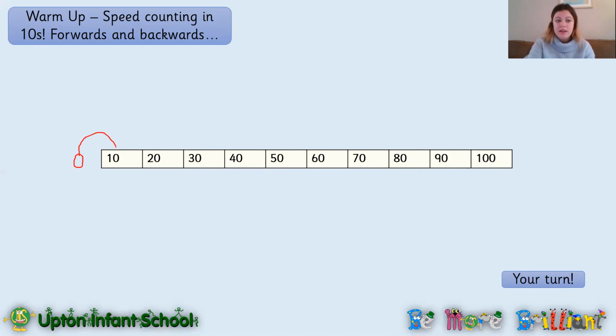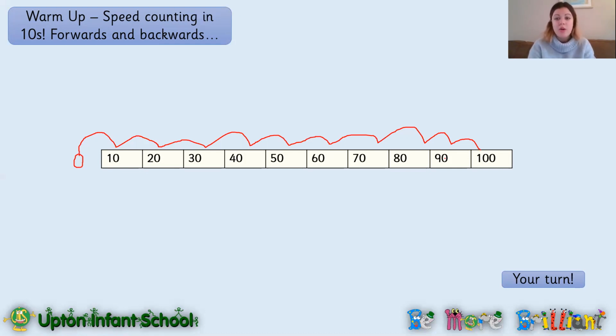0, 10, 20, 30, 40, 50, 60, 70, 80, 90, 100. Now remember what we said about really pronouncing those numbers clearly. 20, 30, 40.